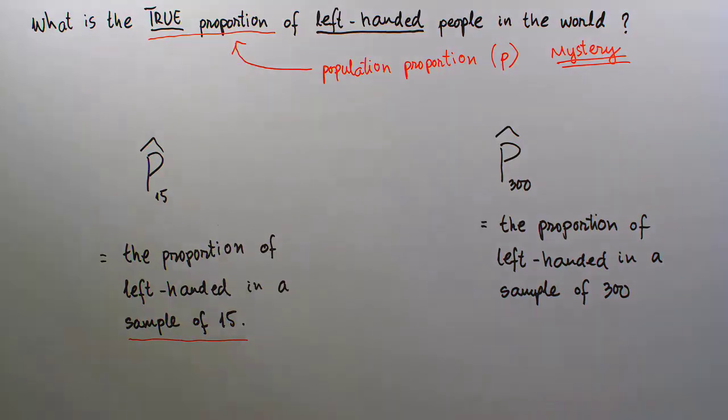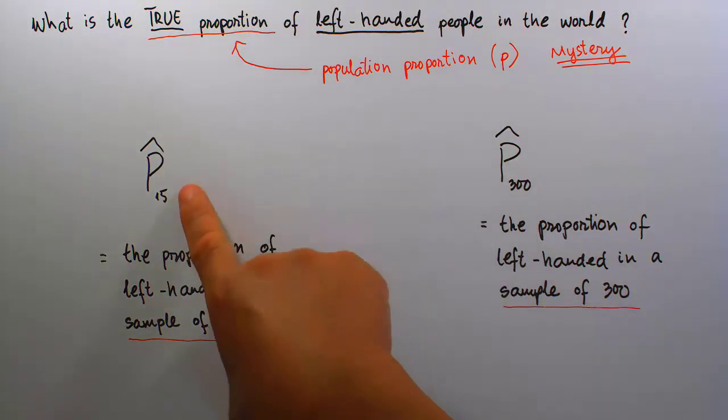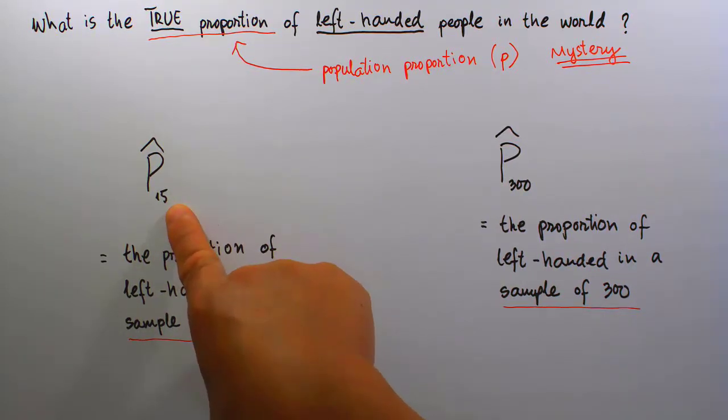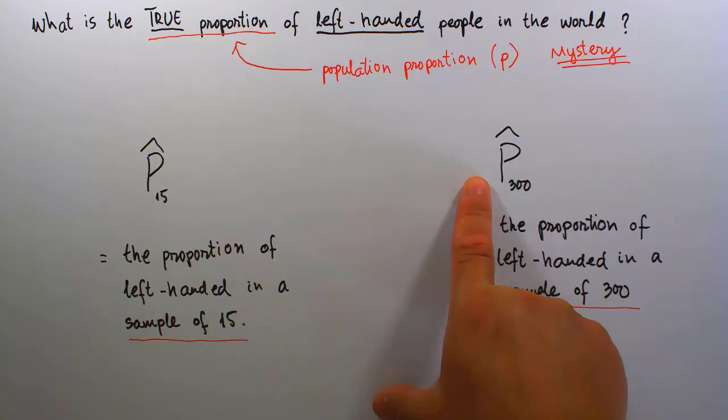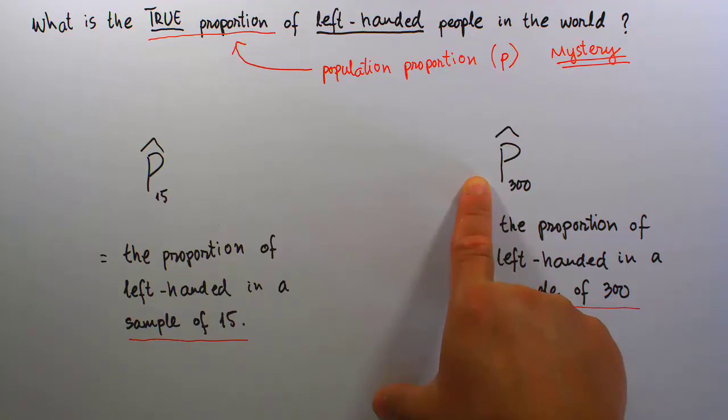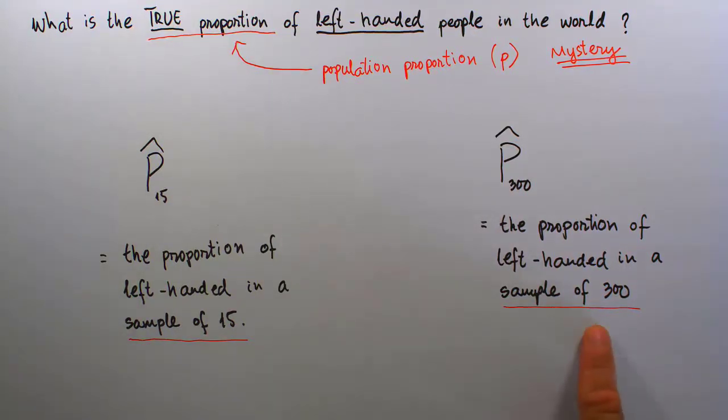And so this is a sampling distribution of the proportion where it's clearly indicated that each sample has only 15 individuals, whereas this is another sampling distribution of the proportion as well. But what's indicated clearly here is that each sample contains 300 individuals.